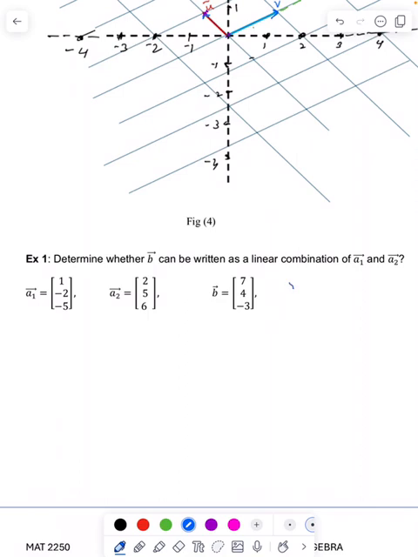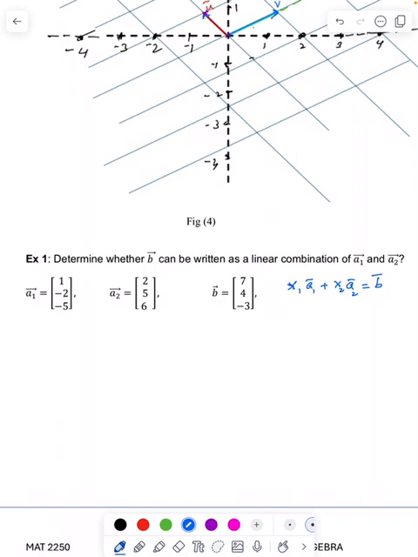We are trying to find if the equation x1 A1 plus x2 A2 equals B has a solution.